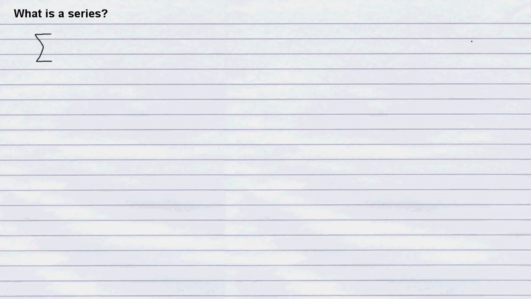That symbol right there is an indicator of something called a series. What it really is, is the Greek letter sigma, the uppercase Greek letter sigma, and it's the equivalent of the English letter S. And S is for summation.